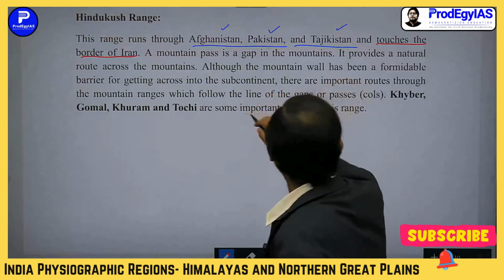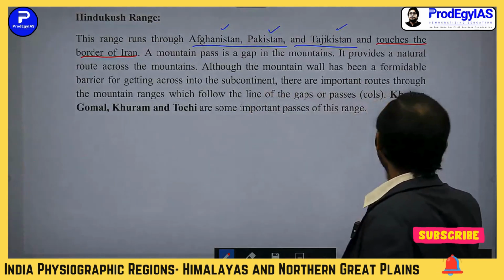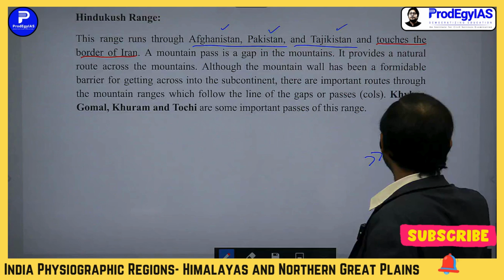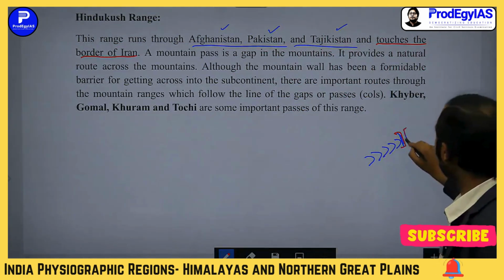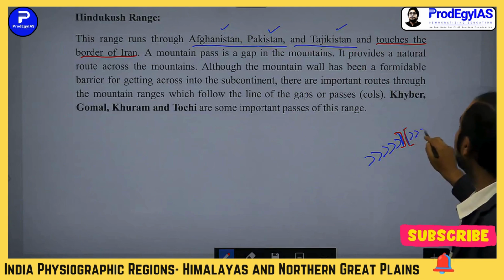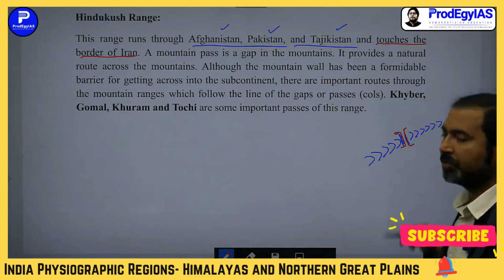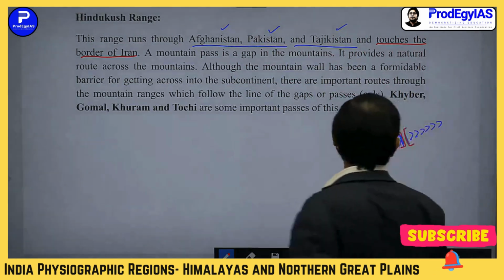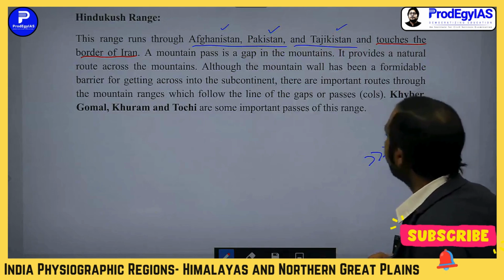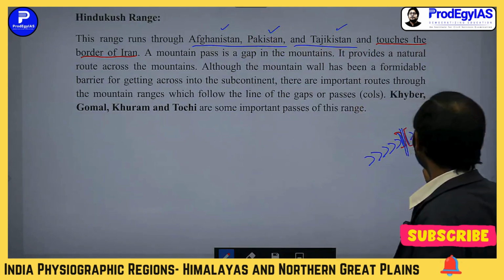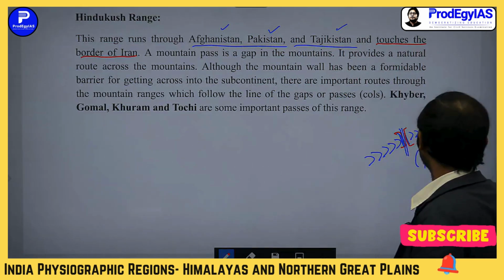Here are many passes, gaps. If this is a mountain range, there are gaps in these mountain ranges wherefrom you can cross the mountain, and any road can be made across this mountain through these gaps. So these gaps are called passes.